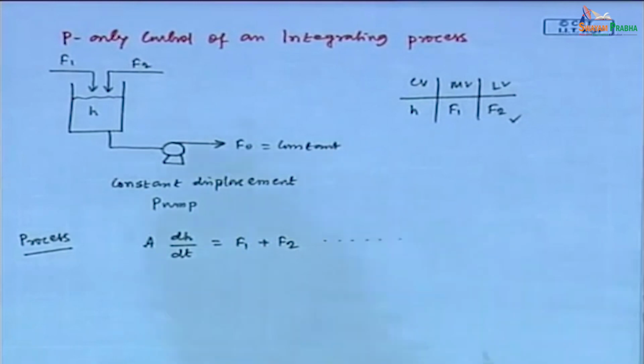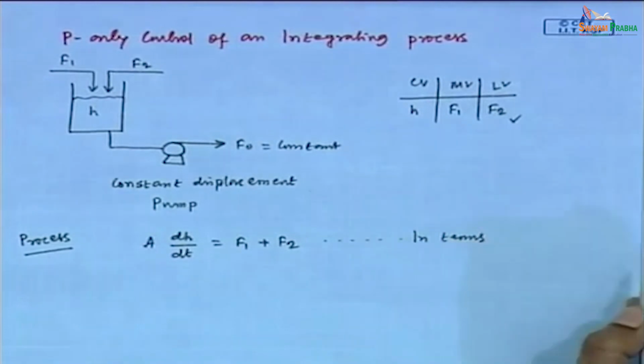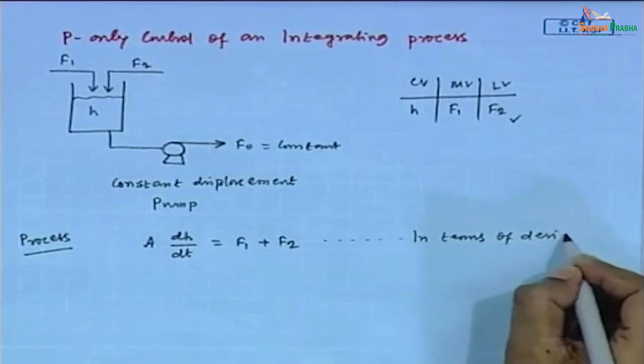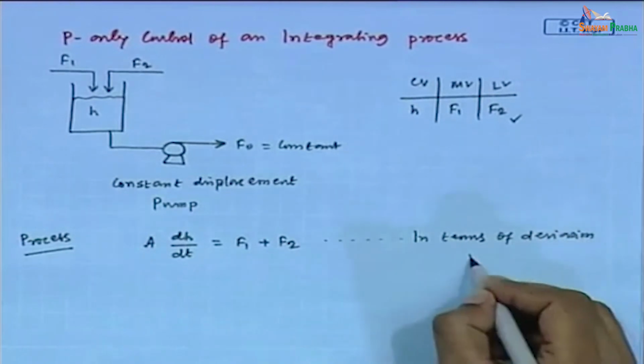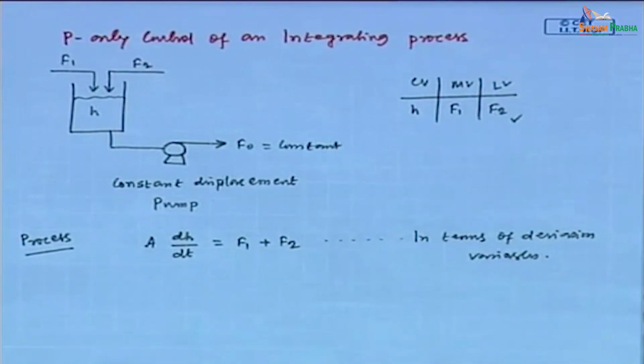All these variables are deviation variables. So, this equation is written in terms of deviation variables, and therefore, there is no F naught term. Fine. To represent the deviation variable, we are not using superscript prime.